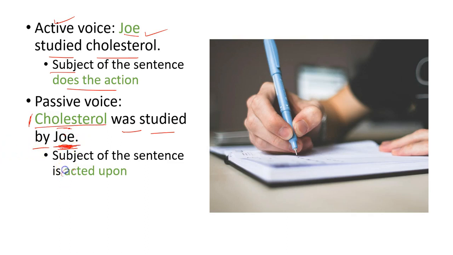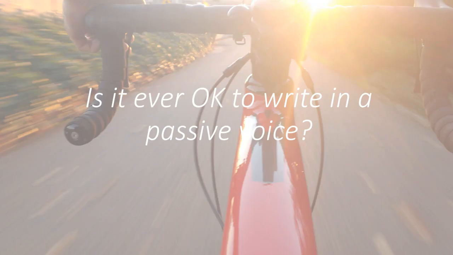It's being studied. So the subject of the sentence, instead of being the actor, is being acted upon. So again, it's got that kind of flipped sense to it. So cholesterol, in a way, is out there in the world being studied by Joe. Cholesterol's not doing anything to be studied by Joe.